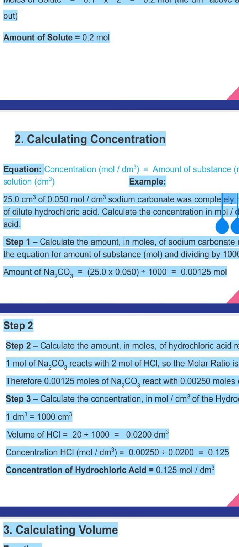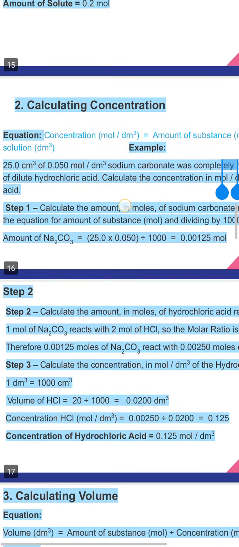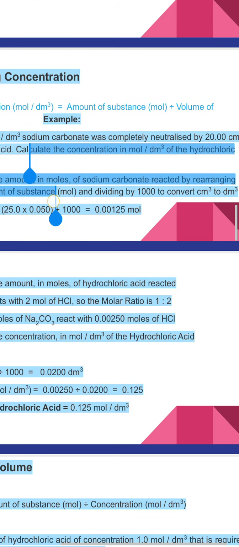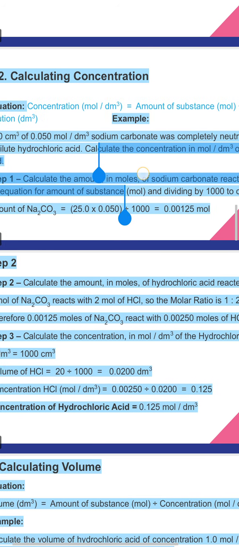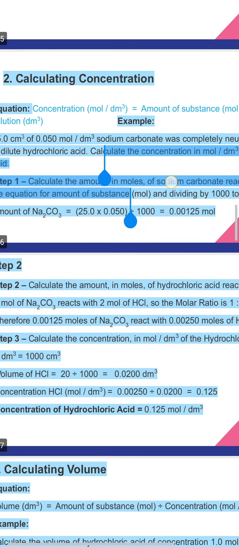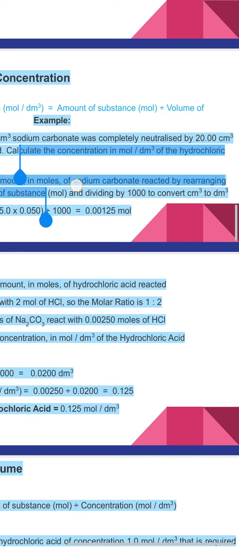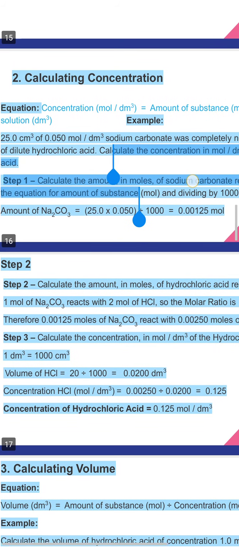Example: 25 centimeter cube of 0.050 mole per decimeter cube sodium carbonate solution was completely neutralized by 20 centimeter cube of dilute hydrochloric acid. Calculate the concentration in mole per decimeter cube of the hydrochloric acid.